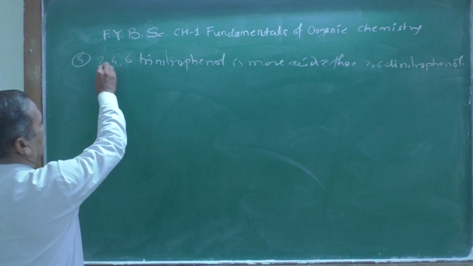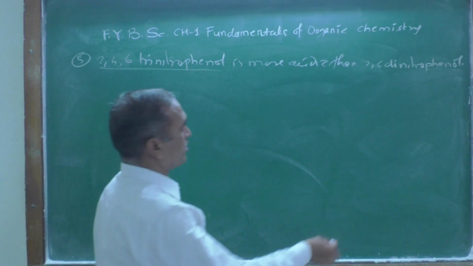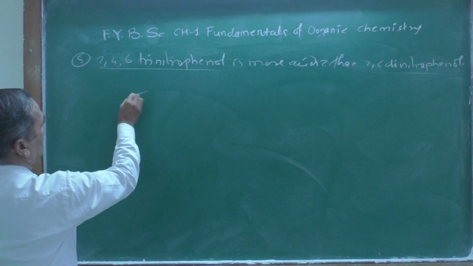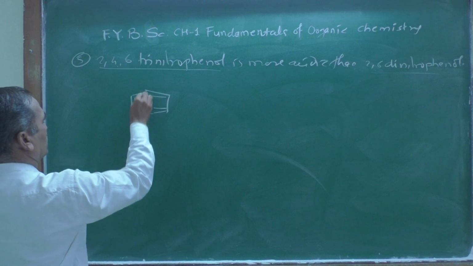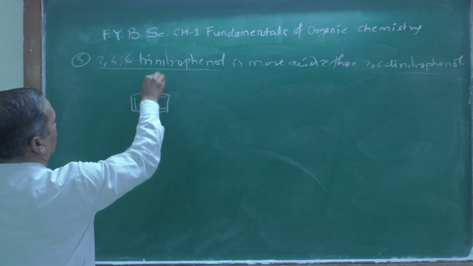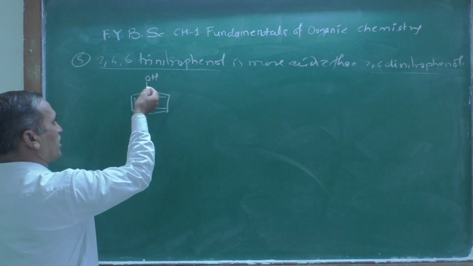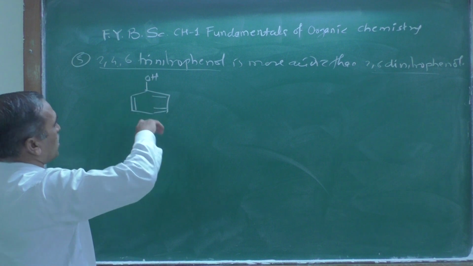Draw the structure of this organic compound. Look at here the structure of this. So this is the structure of phenol. We know that one of the hydrogen atoms gets replaced, and then look at the numbering system. You can give numbers in a counterclockwise or clockwise manner.